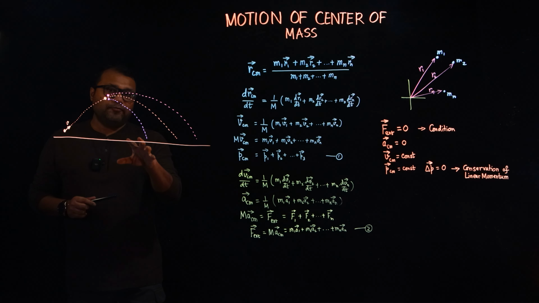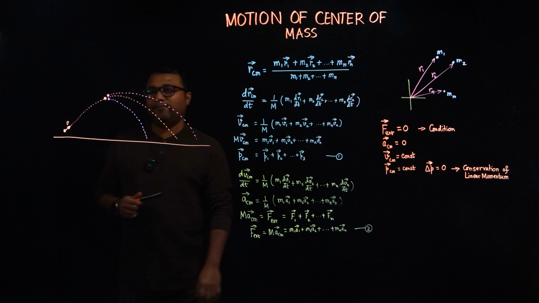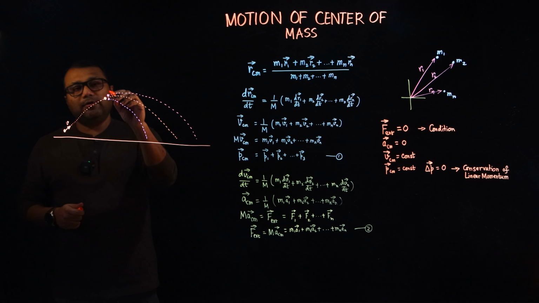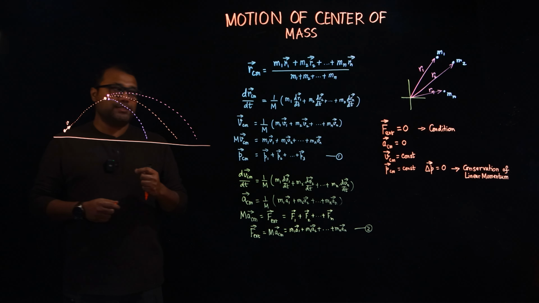Now this is a perfect case of no external force. F external is 0. Whatever caused this breakup of the cannonball was internal forces.